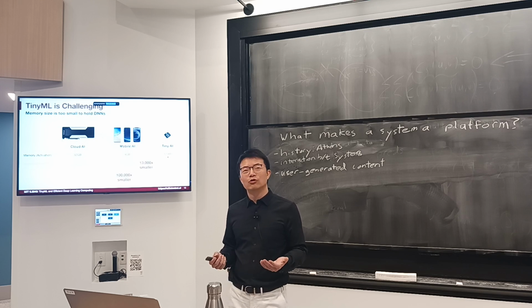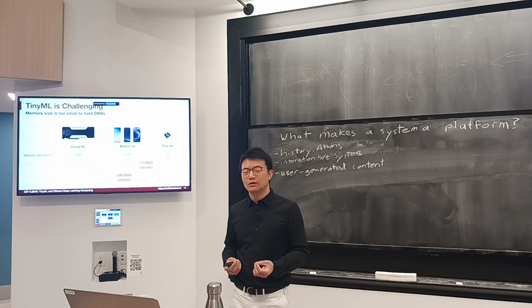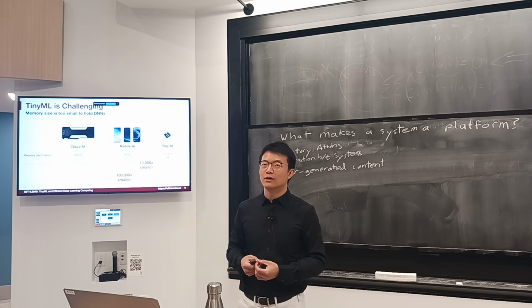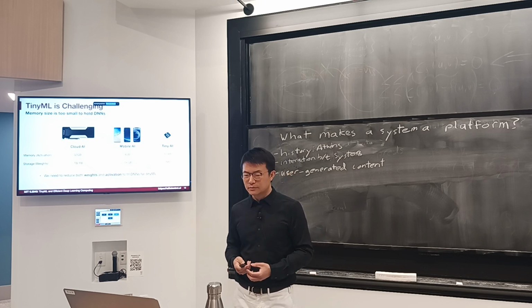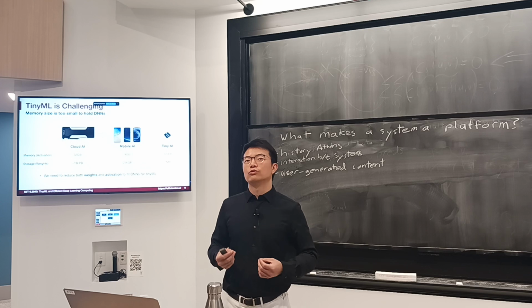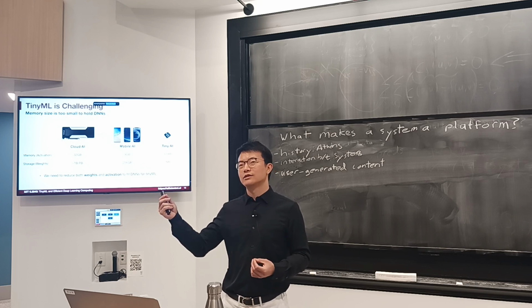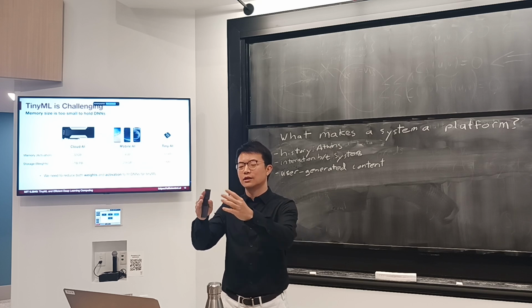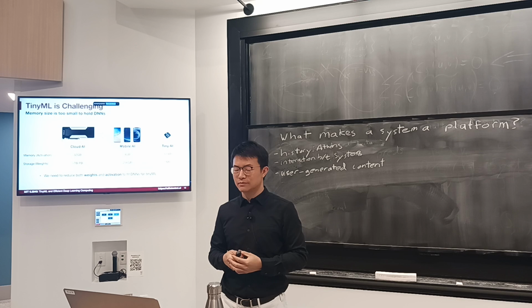It's 4 to 5 orders of magnitude smaller compared with cloud AI and also mobile AI. So we need to reduce both the weights and also the activations so that we can fit these deep neural nets into TinyML devices.